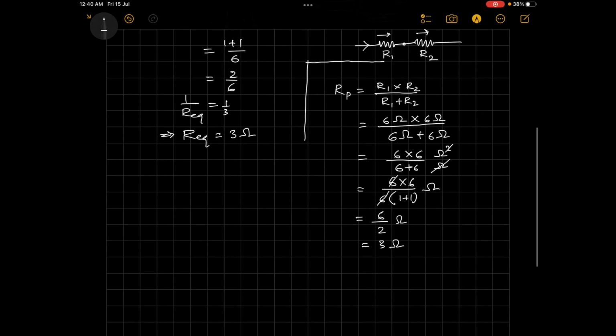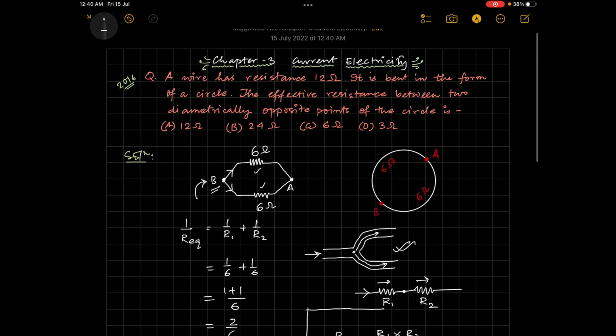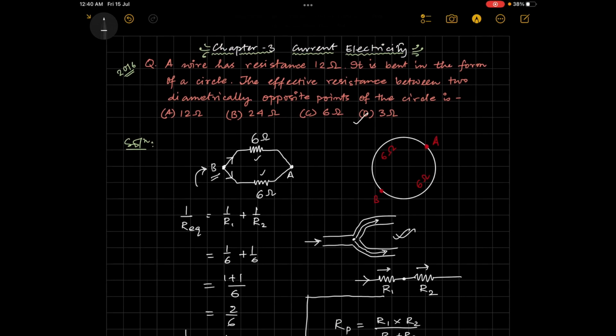This is just a way in which I have done. You can do it in any way you like, you'll get the same answer. For example, you can simply do 36 ohm divided by 12 ohm also from here, which will give you 3, as 12 3s are 36, and this ohm will get cancelled with 1 ohm in the numerator, and you'll end up with 3 ohm. So the correct answer will be D, 3 ohm.